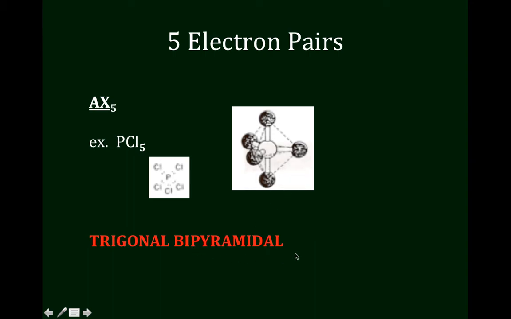Bi means 2. So if I was trying to draw this as a structural diagram, I would do something like this.